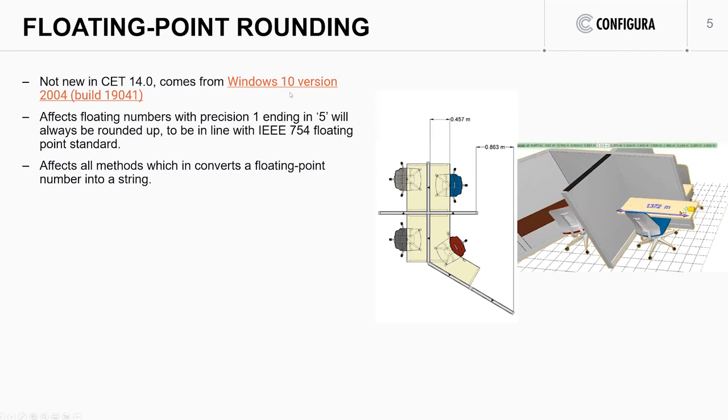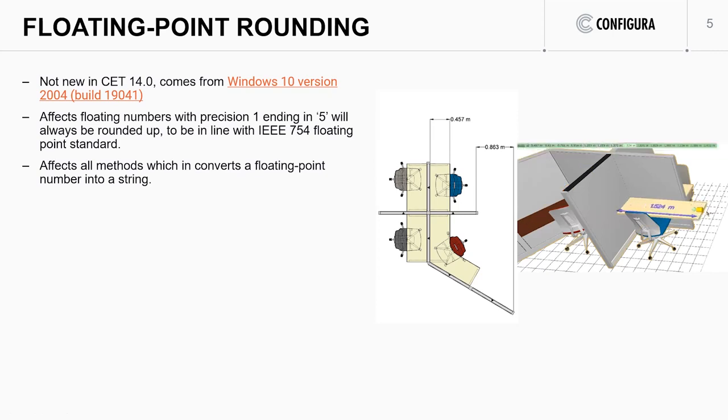Windows rolled out a Windows 10 update so that floating point rounding is in line with the IEEE 754 floating point standard. I'm not going to be covering the technical details around this and what will be changed. For that, you can always visit the CET 14.0 developer migration guide for a more detailed explanation.